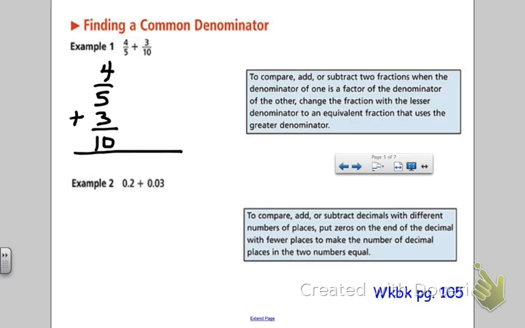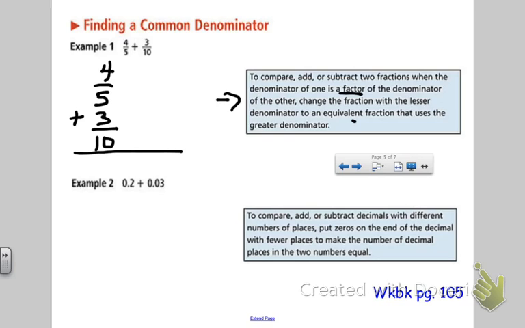You have that option. You do not have to do that, but that's something I like to do. So it says to compare, add, or subtract two fractions when the denominator of one is a factor of the denominator of the other, change the fraction with the lesser denominator to an equivalent fraction that uses the greater denominator, meaning that 5 is a factor of 10.